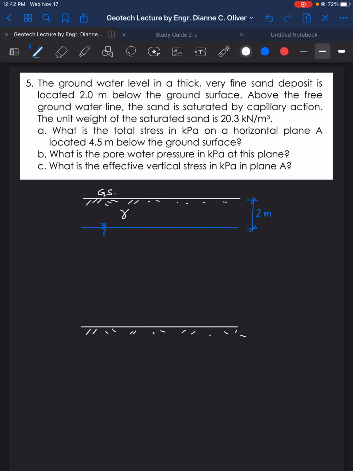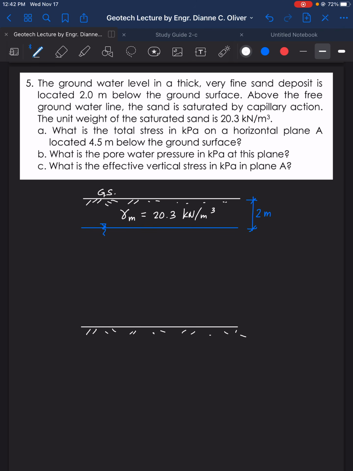Because the word here that is used is saturated. The sand is saturated, and it is given as 20.3. So this is gamma moist. It is saturated only by capillary action. It is not submerged. That's why we will use here gamma moist is equal to 20.3 kilonewton per cubic meter.